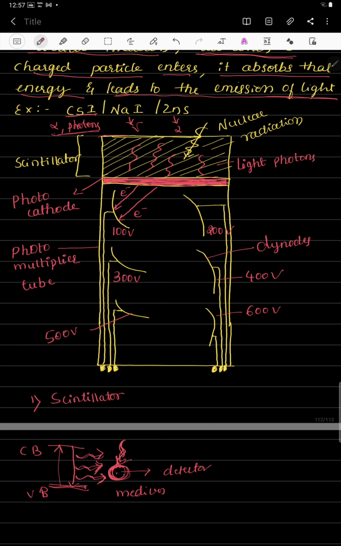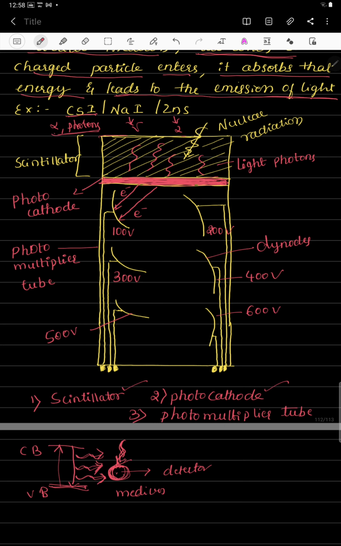The second part, the middle one, which I have shown with pink shading, is called the photocathode. The last one, the bigger tube, we call the photomultiplier tube. So the scintillation detector has mainly three parts: the scintillator, the photocathode in the middle, and the photomultiplier tube. Now we'll study all these three parts one by one.